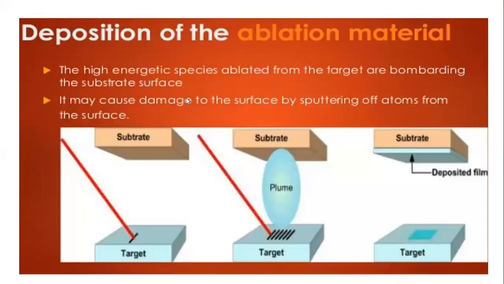The red arrow indicates the pulsed laser, the bottom side indicates the targeted material, and the upper side indicates the substrate where we are going to deposit the targeted material.